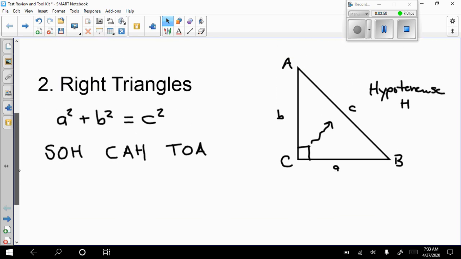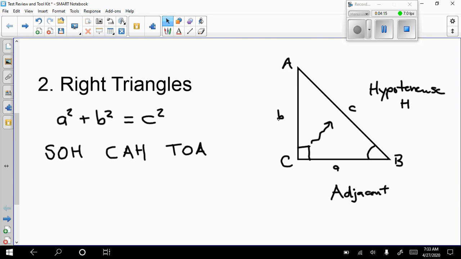So let's say we were looking at this triangle and we were interested in angle B. Because remember, whether or not something is opposite or adjacent depends on the angle. So relative to B, this little side here is adjacent. I'm going to label it adjacent.